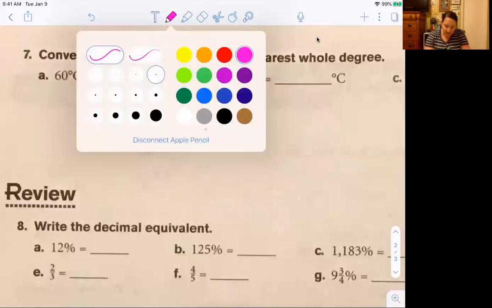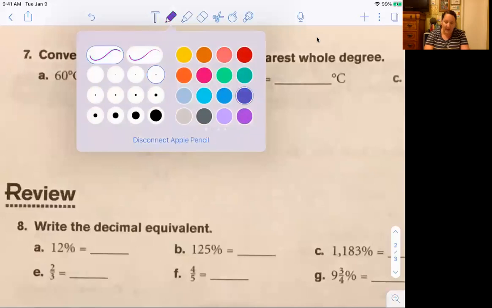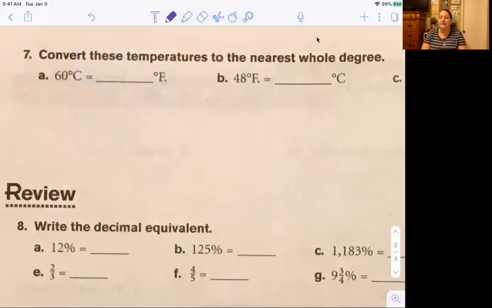Okay. Now, letter A on 7 says 60 degrees Celsius equals how many degrees Fahrenheit? We are converting to the Fahrenheit system, so we're going to use the Fahrenheit formula, or the F formula. F equals 9/5 C plus what? 32. Let's put that in.